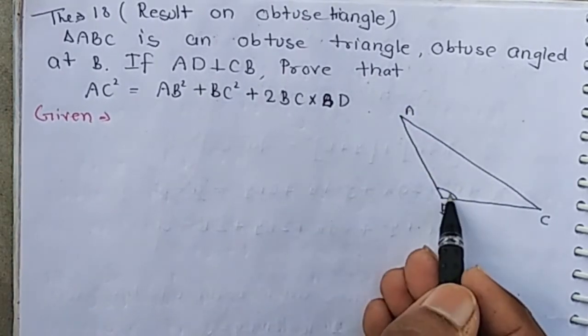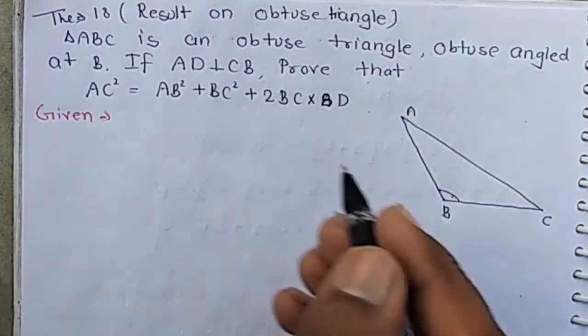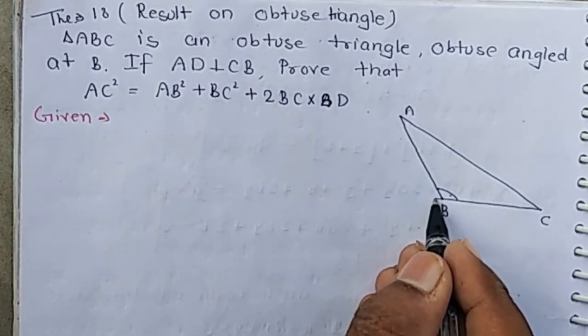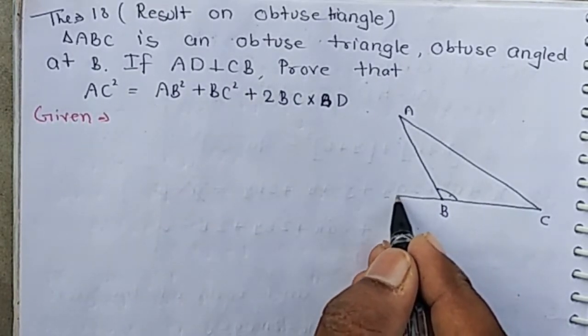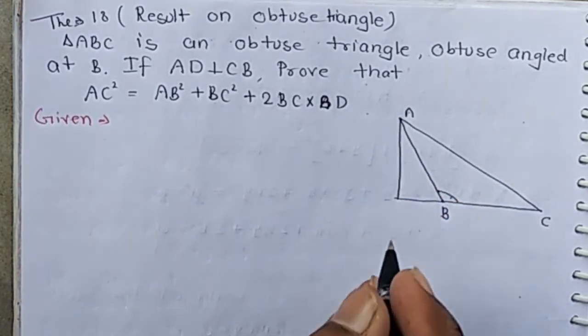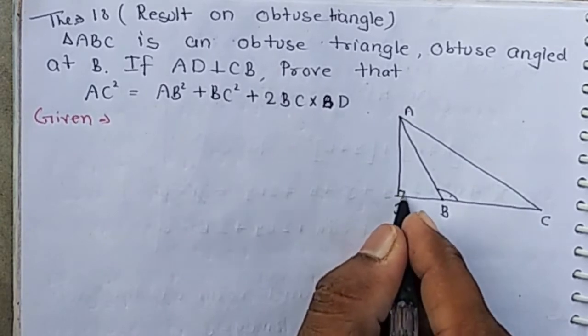This angle is obtuse and AD is perpendicular to CB.